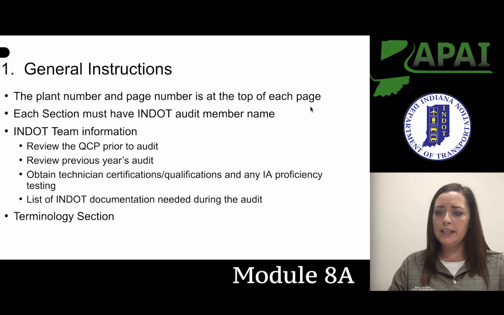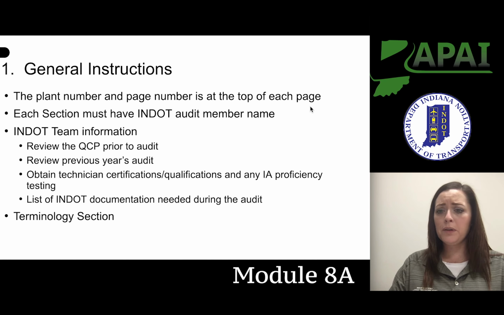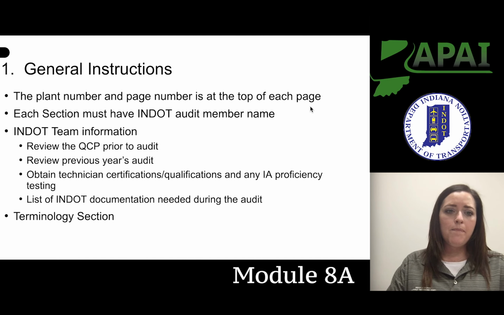So the easiest way to have that not happen is by putting the plant number and the page number at the top. That also ensures that you are working with the same plant and you have all the pages in consecutive order. Each section must have an INDOT audit team member name. This just shows which audit member performed that section.